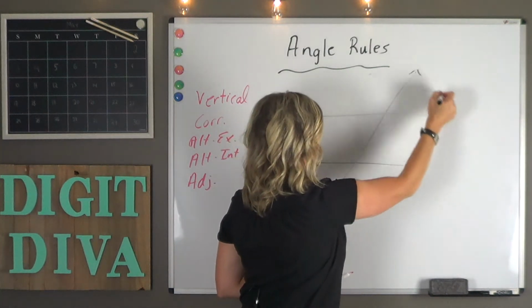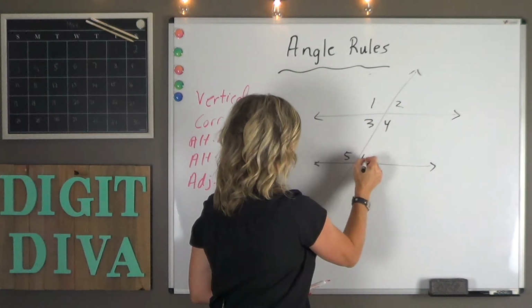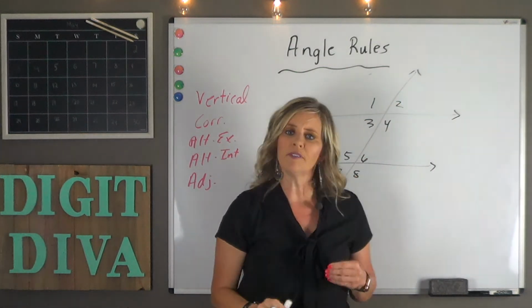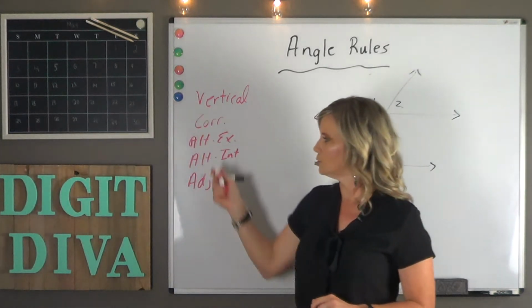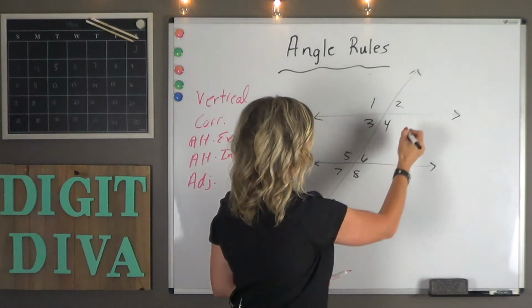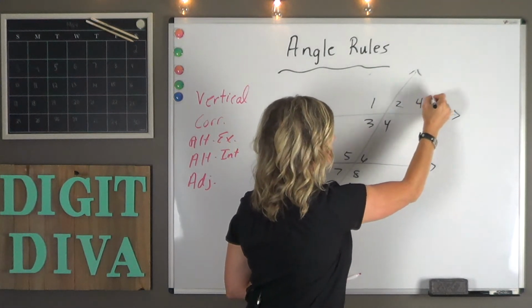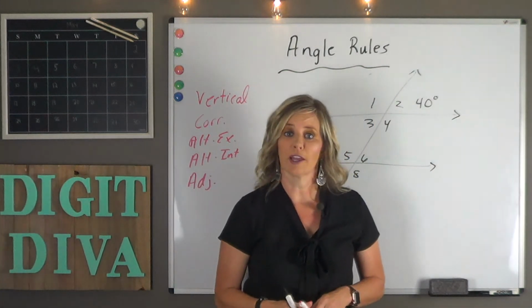All right, so I'm going to give you, here's our angles. So if I give you only one angle measure, you can use all of your angle rules to find the other 7. Let's see how that works. So if I tell you that 2 is 40 degrees, and I want to know what the measures of all the other angles are.